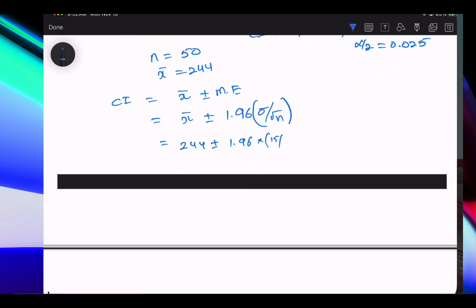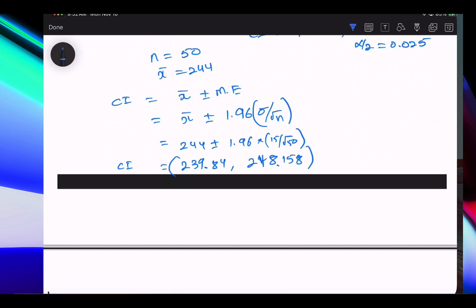And then doing these calculations, we get that for our confidence interval, the lower limit will be 239.84 and our upper limit will be 248.158.